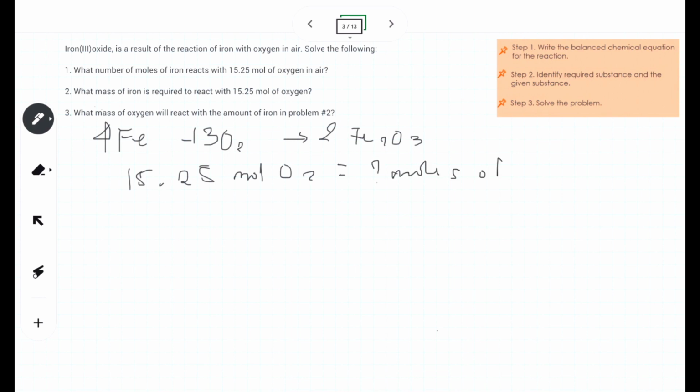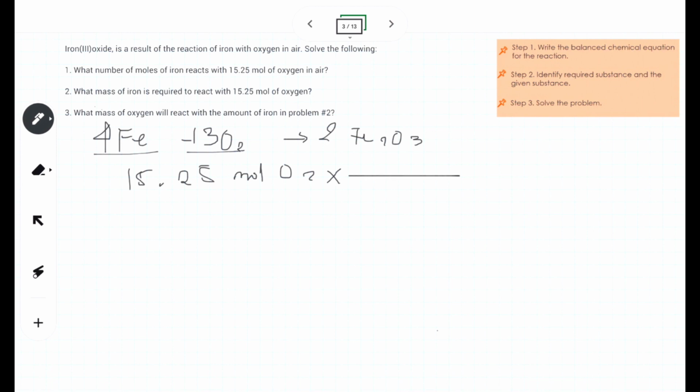And now we have to solve it. We have to use the mole ratio to change the substance. The mole ratio between oxygen and iron based on the balanced equation is 4 to 3. So 4 moles of iron reacts with 3 moles of oxygen. Remember, you have to put the same unit opposite to each other so that you can cancel.